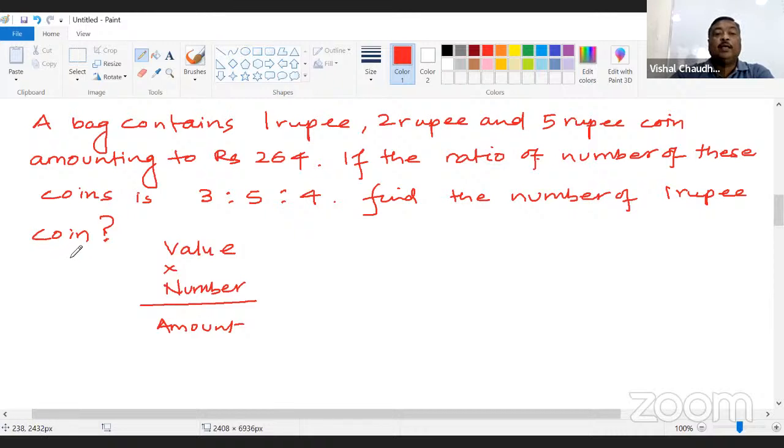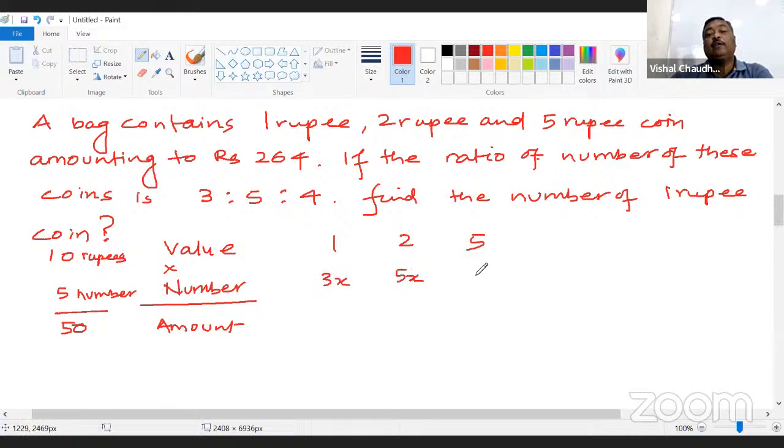Example, let's say I have a 10 rupee note, and I have 5 notes. So what I will get as amount is 10 into 5, 50. Isn't it? So same goes here. I have values 1 rupee, 2 rupee and 5 rupee, and numbers 3x, 5x and 4x.